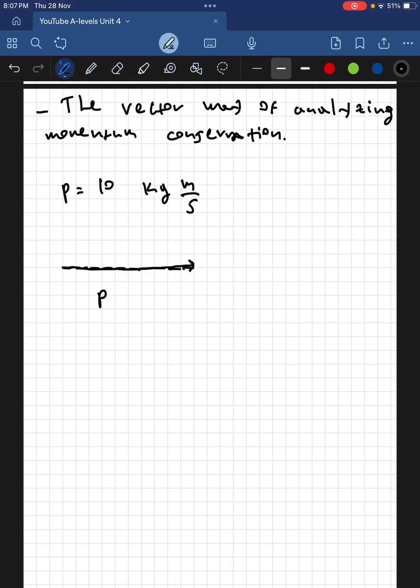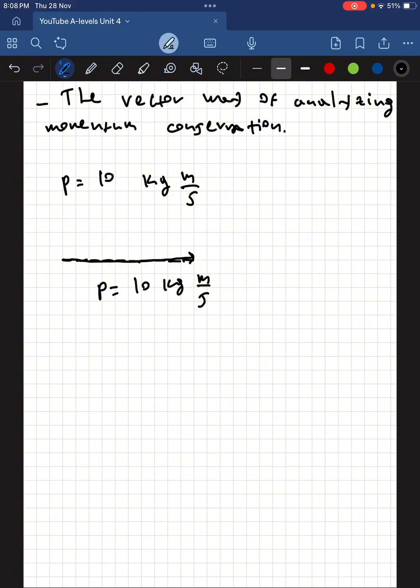So this will be P equal to 10 kilograms meters per second. So 1 square corresponds to 1 kilogram times meters per second. And then you also need to use a protractor for possible angles that they give you, so you have to measure the angles as well. So let's go see the vector way.